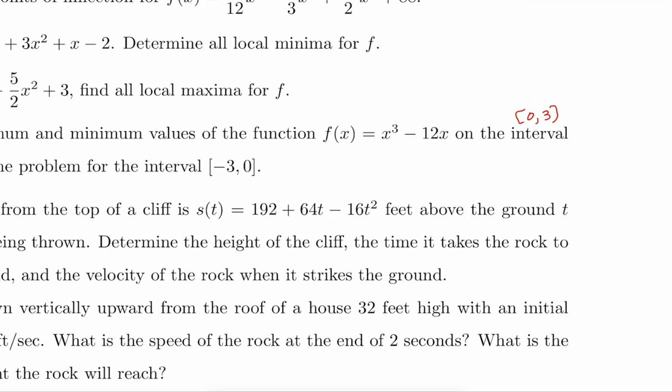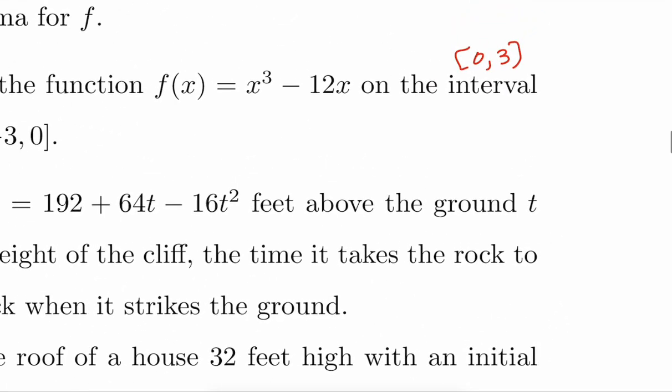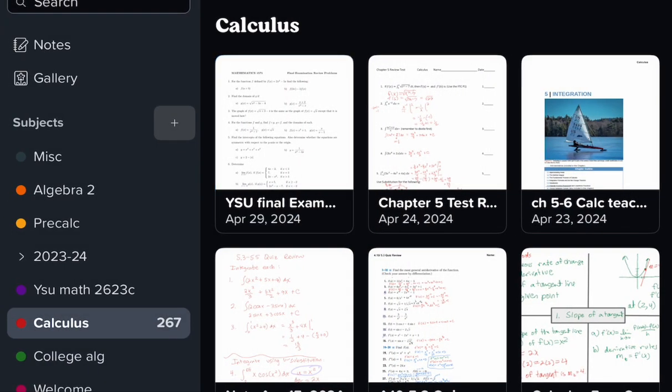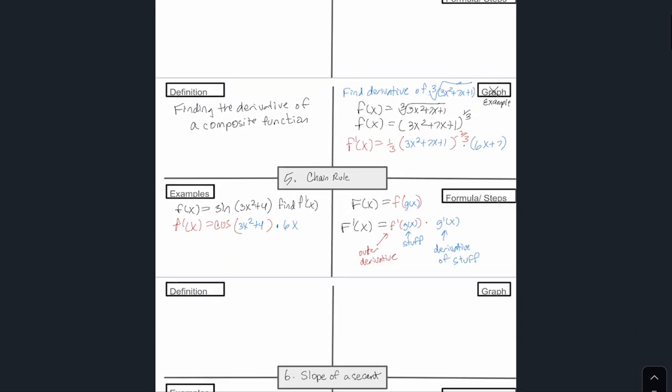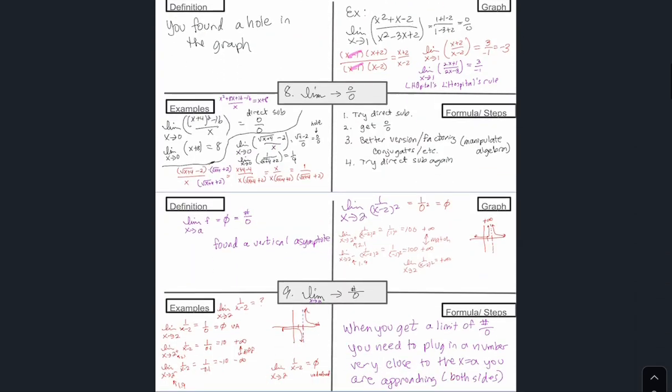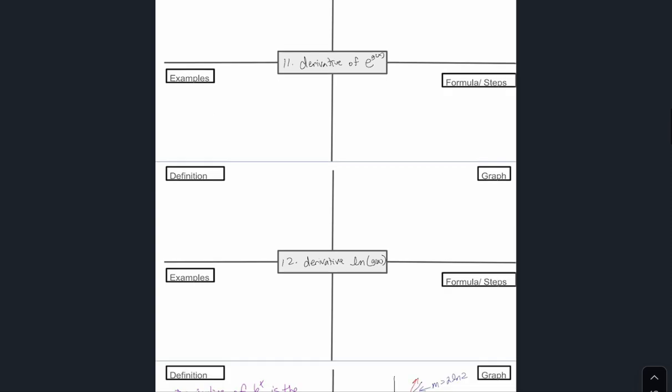So remember our steps, and this is where our vocab comes into play. If you jump to the vocab, 36, we had done a maximum on an interval already, I believe.